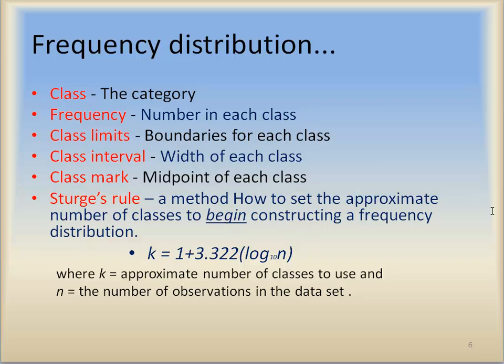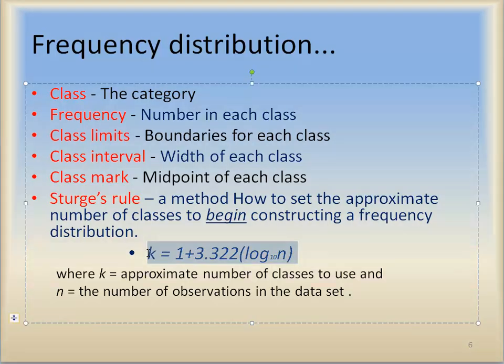Now, a way of deciding on how many classes you should have is to look at this rule called the Sturges rule. The Sturges rule gives you an approximate number of classes. It starts off by creating a value using this formula.